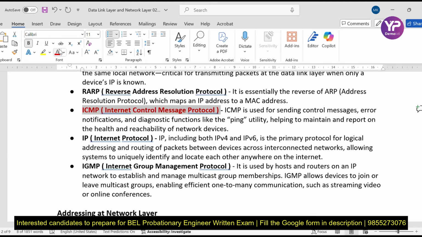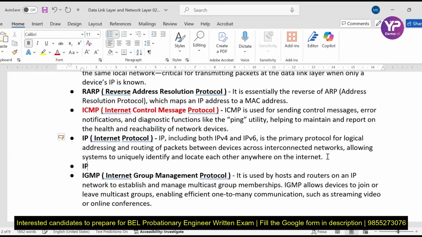Now IP, Internet Protocol. Right now we are using IPv4, version 4, but mainly we have two versions, IPv4 and IPv6. Key points: IPv4 is 32-bit, whereas IPv6 is 128-bit. Keep in mind this line is very important.